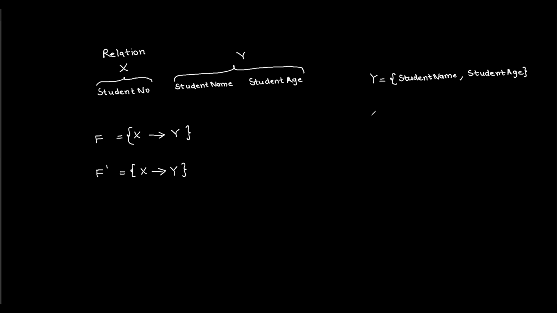Let A equal student name and B equal student age. Now we know Y equals AB, because A union B equals Y. So we have to say Y functionally determines AB. By using the decomposition axiom, I can say Y functionally determines A, Y functionally determines B.